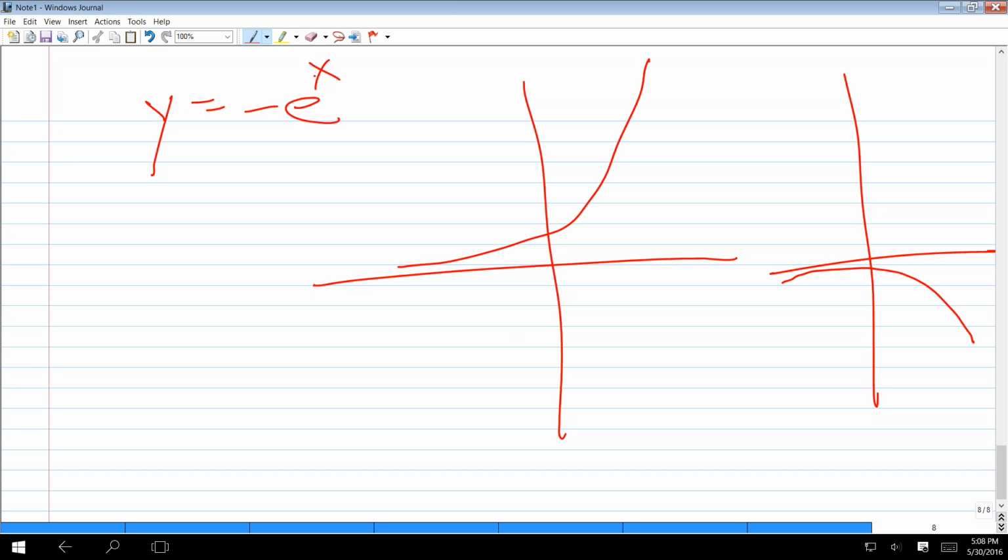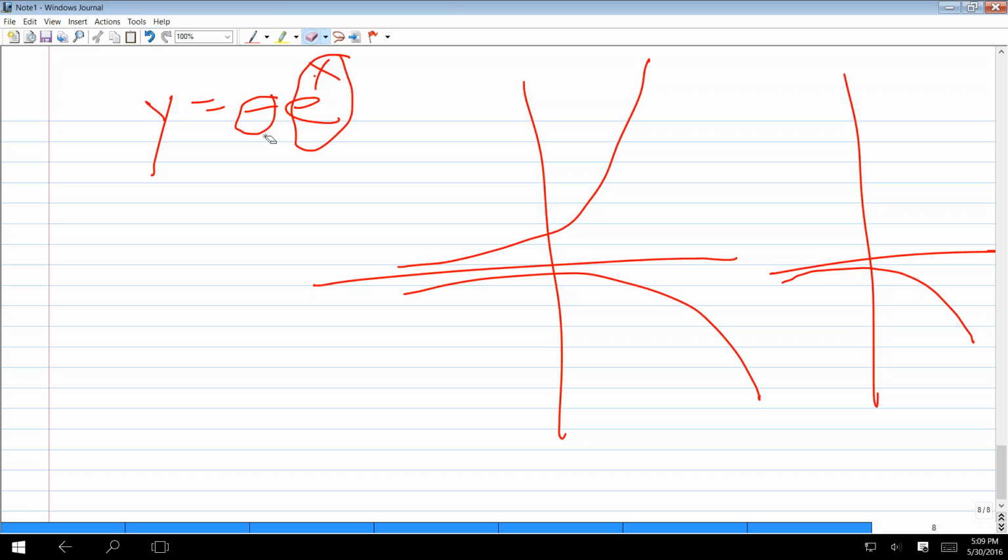Which one is y equals negative e to the x? The one to the right. Yeah, because what this negative sign means is it's a reflection of the parent graph over the x-axis. That's all I did, was reflect it over the x-axis to get the one on the right.